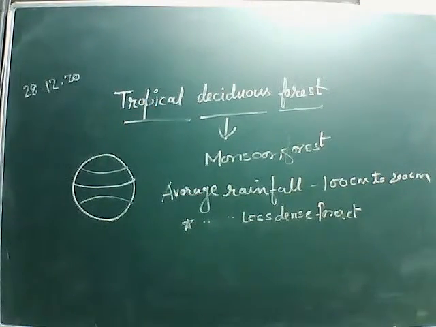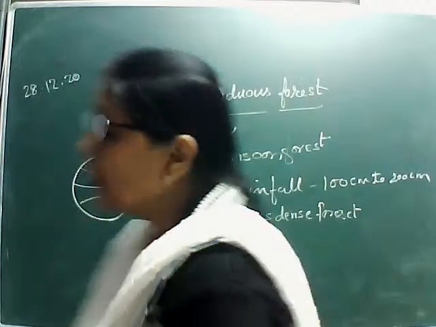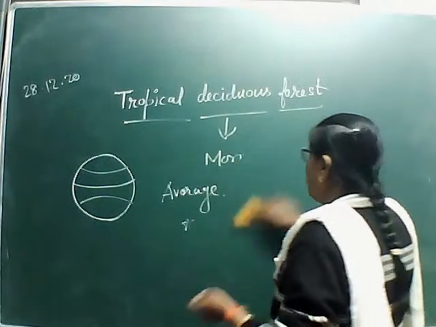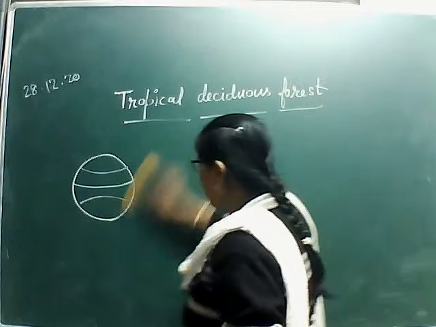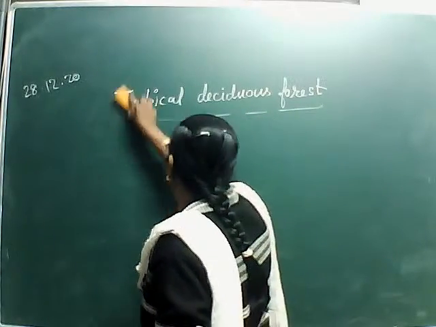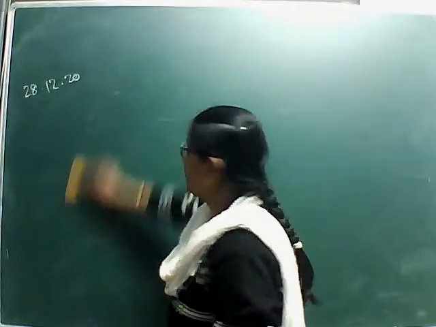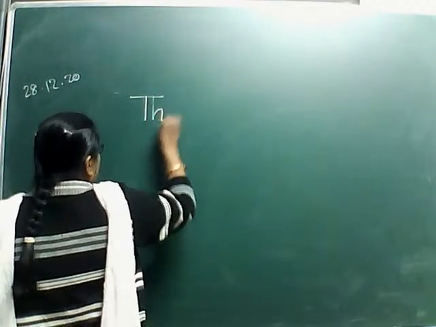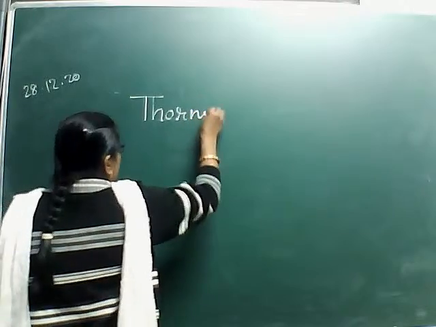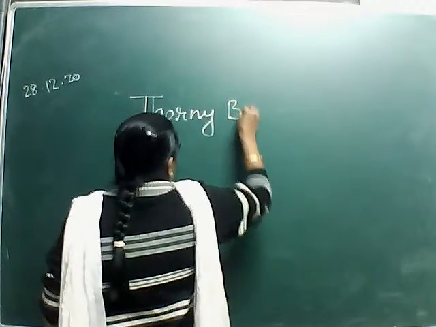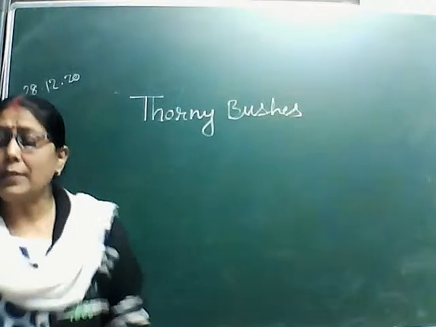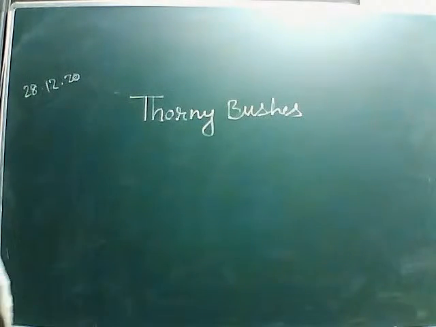Now next we will move towards thorny bushes. Next vegetation, that is thorny bushes. Thorny means you know very well. This thorny bushes is also known as a forest only.